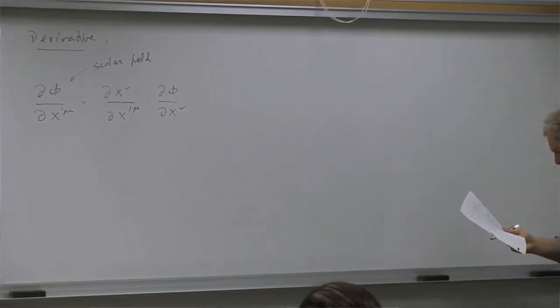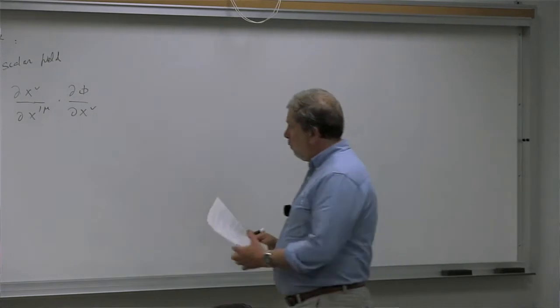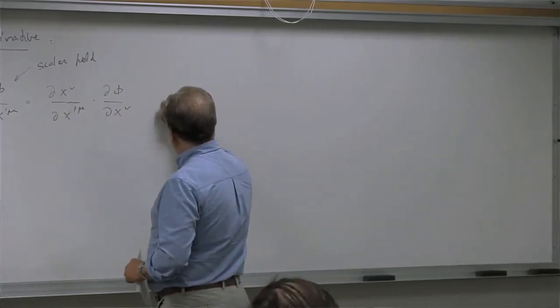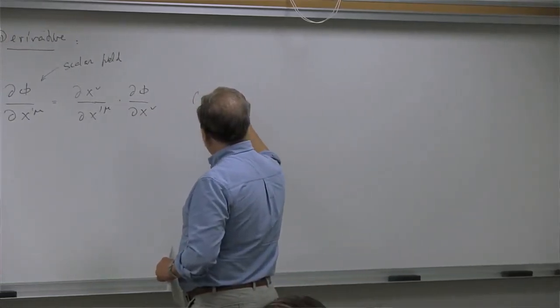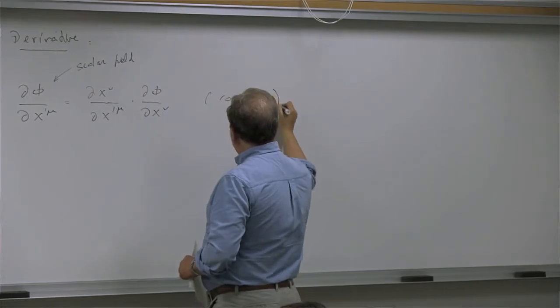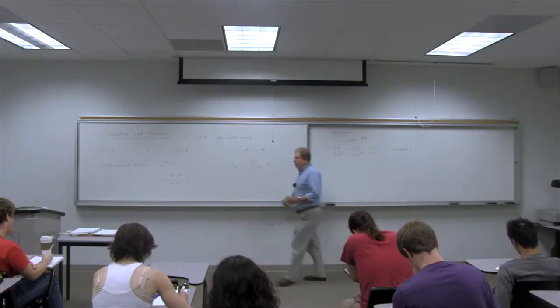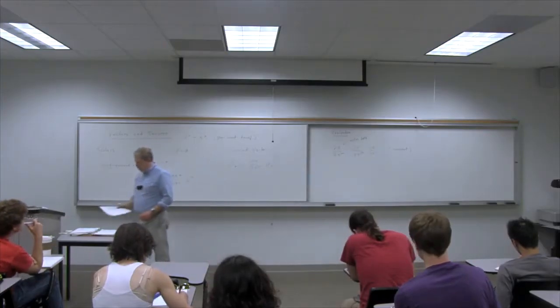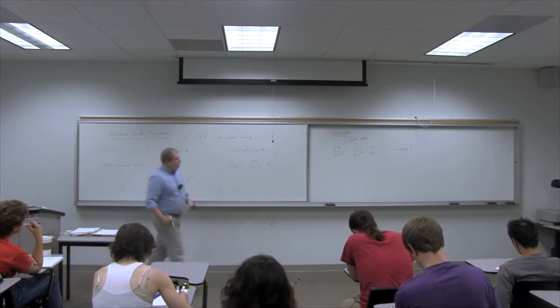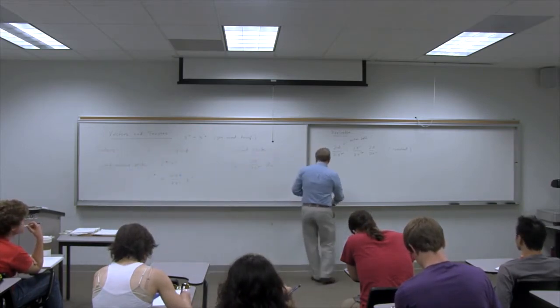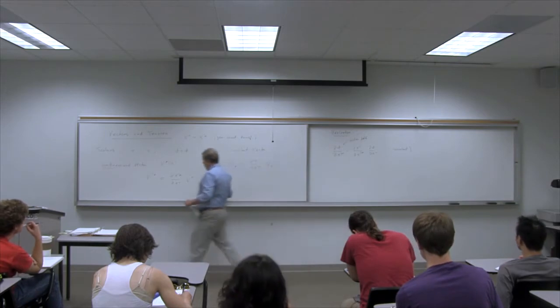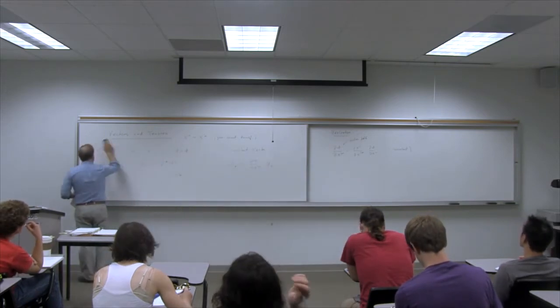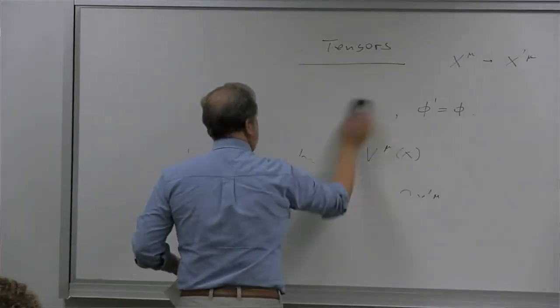Right? So that means that this is covariant. Right? So the derivative or the gradient of a scalar field is a naturally covariant object. So now we're going to do a little jump here and go on to a more general tensor that we can have.